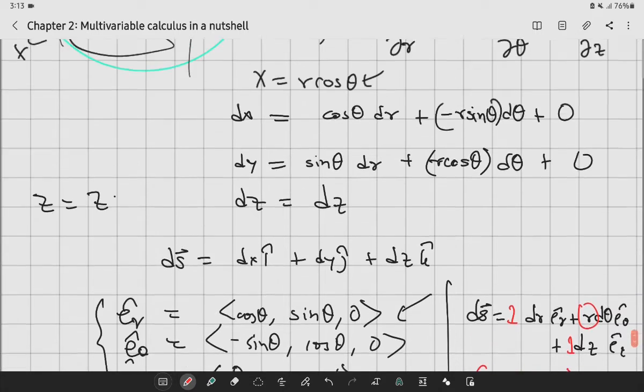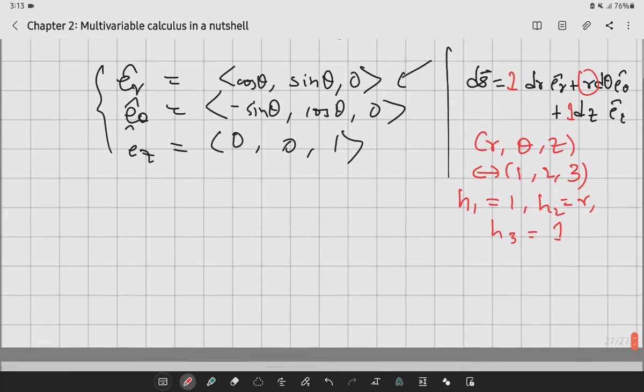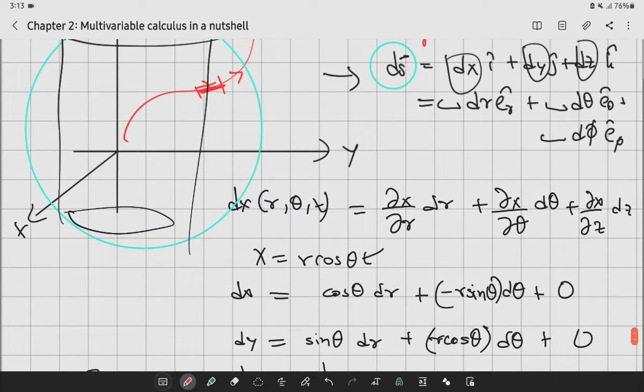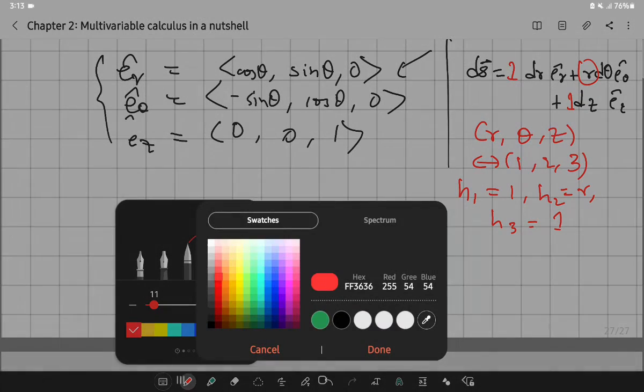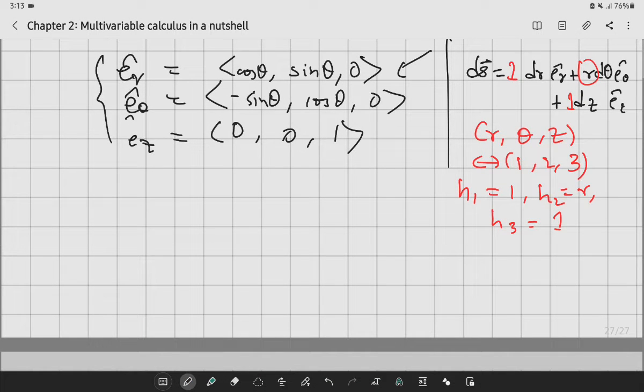So you see that the scale factors are related to the geometry of your coordinate system. And wherever you have the geometry, the Jacobian is going to show up inevitably. But we don't have to deal with the Jacobian in this course, for better or for worse.